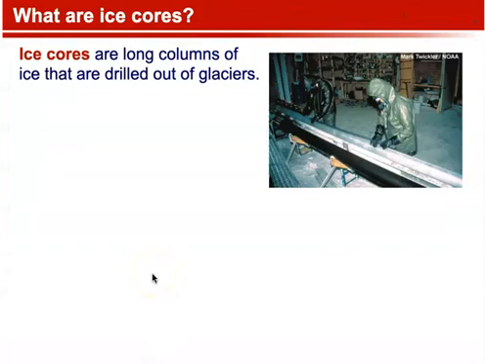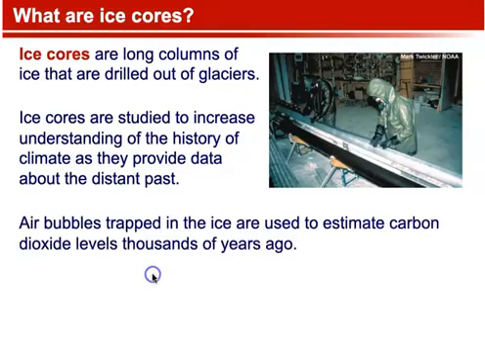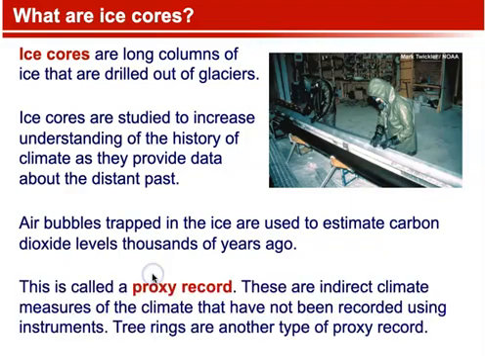Ice cores, what are they? Ice cores are long columns of ice that are drilled out of glaciers. Ice cores are studied to increase understanding of the history of climate as they provide data about the distant past. Air bubbles trapped in the ice are used to estimate carbon dioxide levels thousands of years ago.